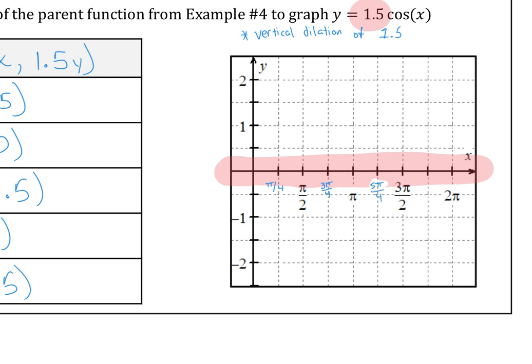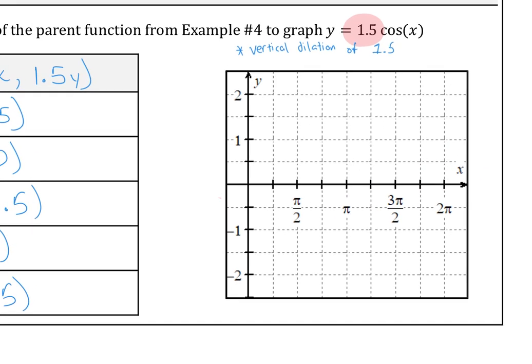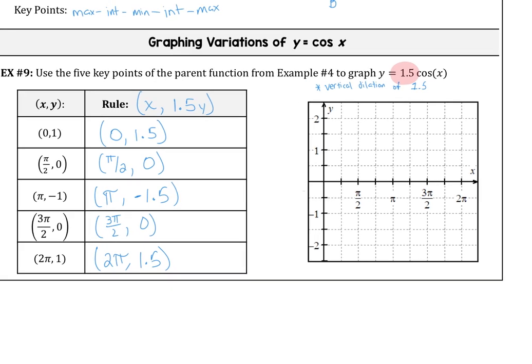Okay, so the x-axis there is in terms of radians. So let's plot our points from our graph, and you can see what this cosine curve looks like. We said, if we look at our points here, we are at 0 and 1.5, so that's here. Pi over 2 and 0 is here.